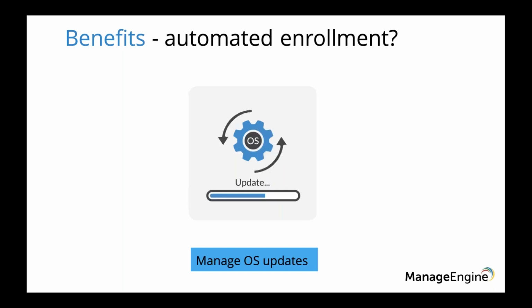Then you can also manage your OS updates. So what we have brought in is a feature called automatic OS updates. This would constantly check every day to see if there is an OS update available for the device or not. And this is something that is important because right now iOS 13 is going to be released.